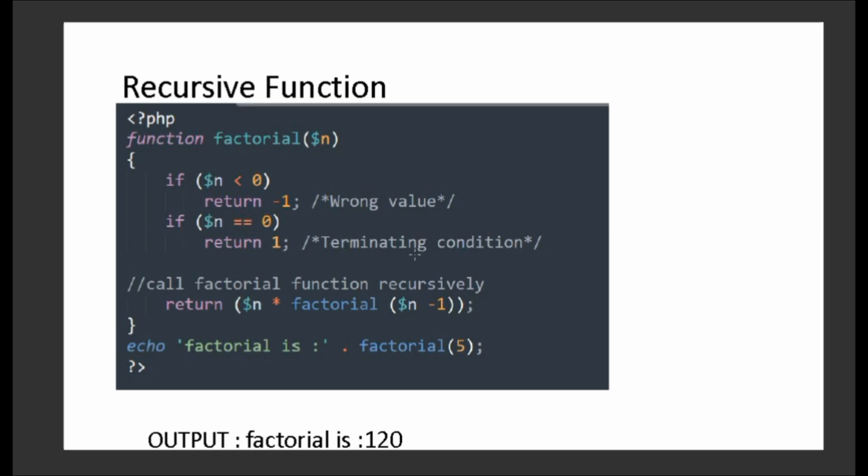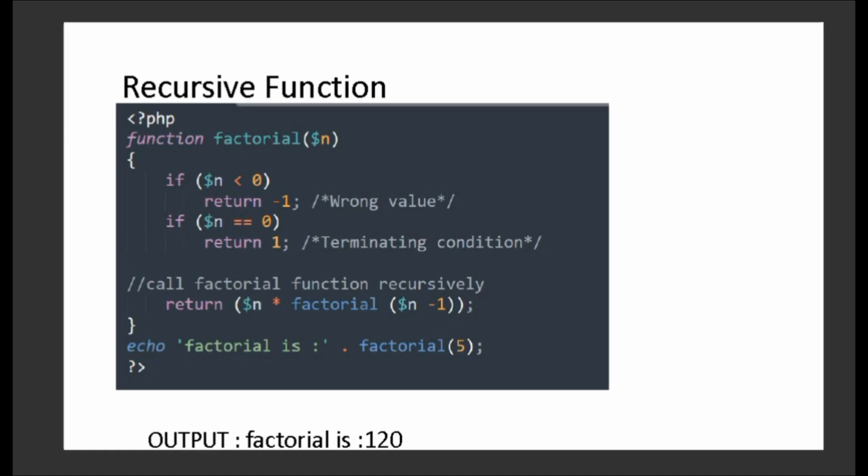If it equals 0, then it terminates the recursion. This function multiplies the value until 1: 5 into 4 into 3 into 2 into 1, and here is the output.